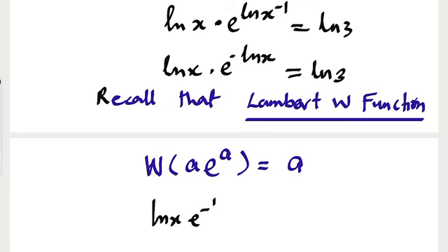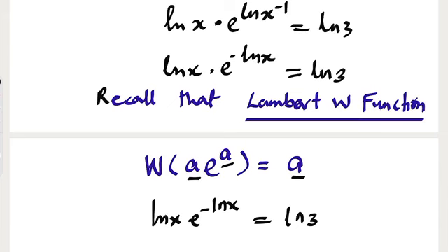Alright, so from there, we have ln of x e to the power of minus ln of x equals ln of 3. Now you'll see that a is here, that must give us back our a. Here we have ln of x, here we have minus ln of x. So let's multiply minus 1 to both sides of the equation.